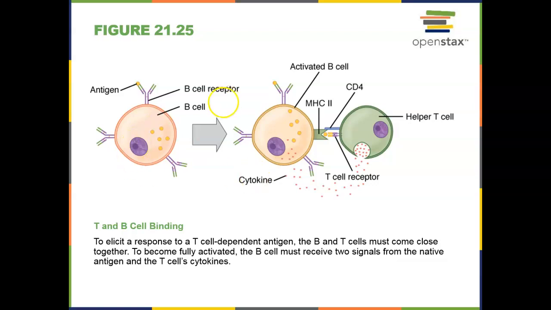So here we have a B cell, and here is a B cell receptor associated with some antigen. So this B cell has been activated. Here we have a helper T cell that binds to the MHC class 2. As soon as that binding occurs, the T cell releases interleukin 4. Interleukin 4 co-stimulates the B cell, and the B cell is now ready to proliferate and differentiate.